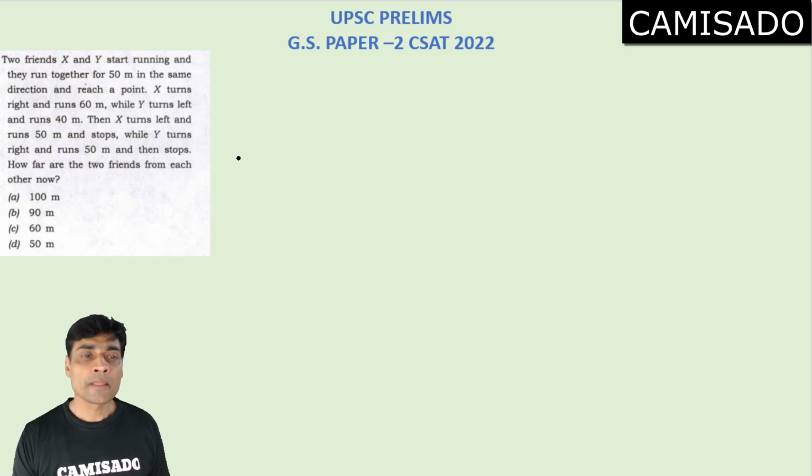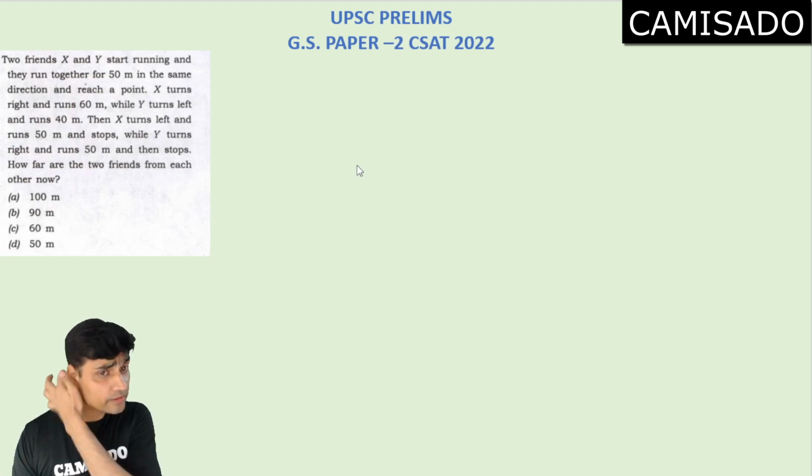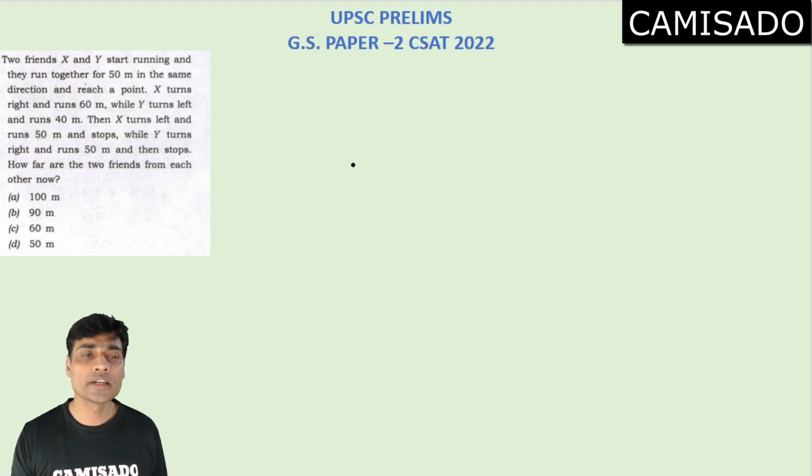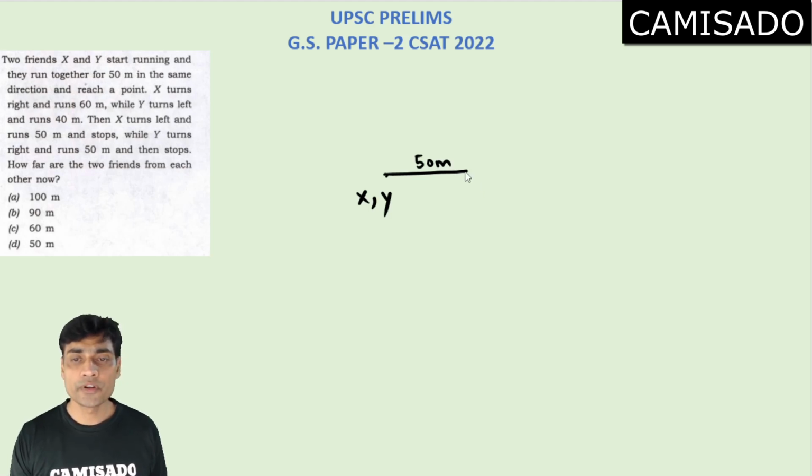Now two friends X and Y start running and they run together. Suppose these two friends are at this position. They run 50 meters in the same direction and reach a point, suppose this point. X turns right and runs 60 meters.